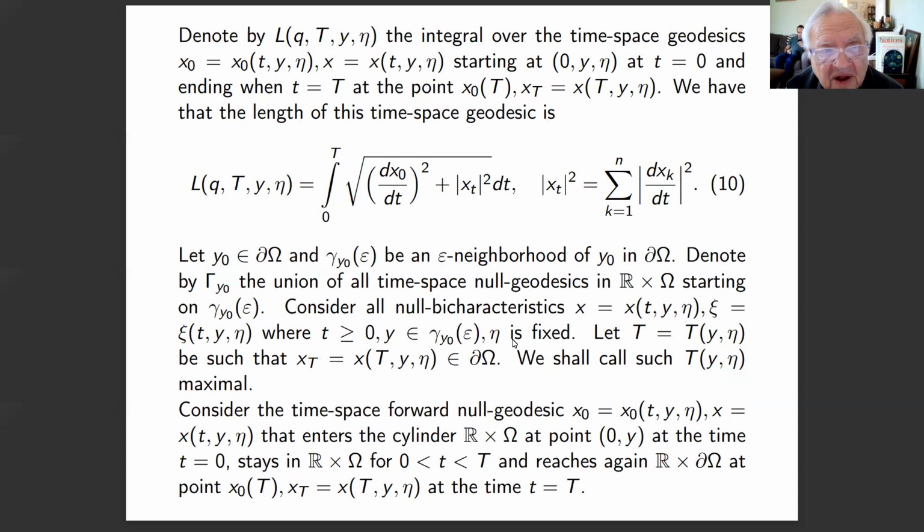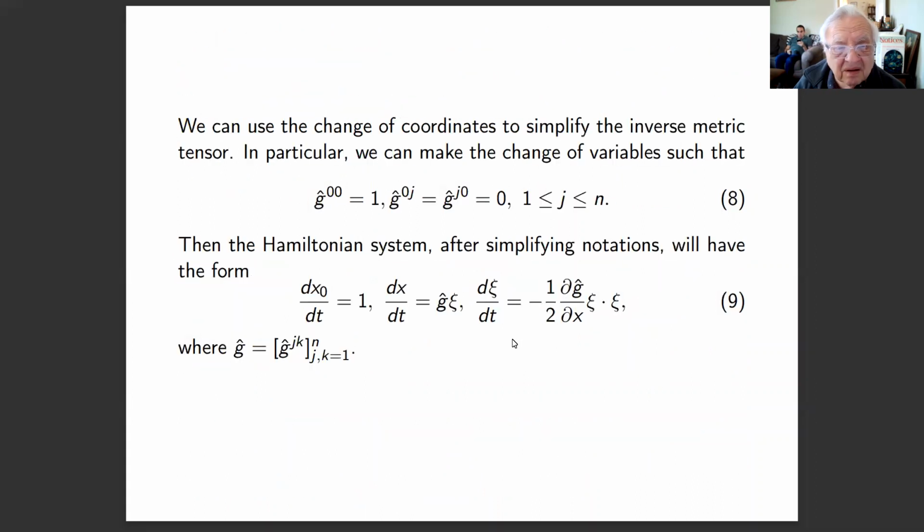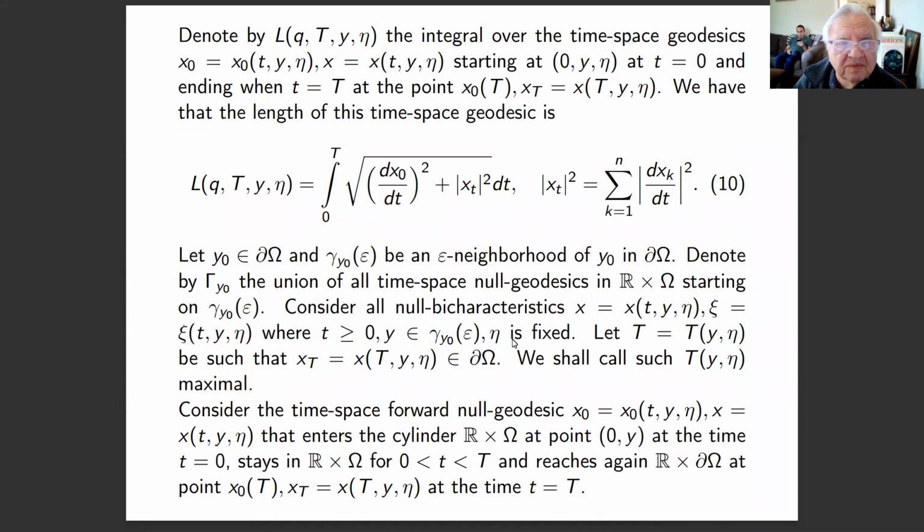Now, denote by L(T, y, eta) the integral over time-space geodesics x0 equal x0(t, y, eta), x equal x(t, y, eta), starting at the point 0, y, eta at t equals 0 and ending when t equals capital T at the point x0(T, y, eta), x(T, y, eta).